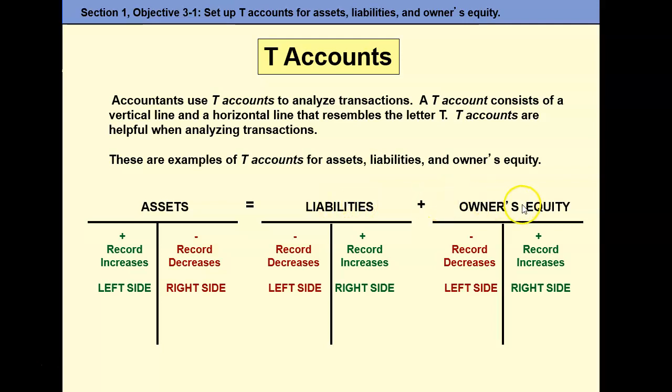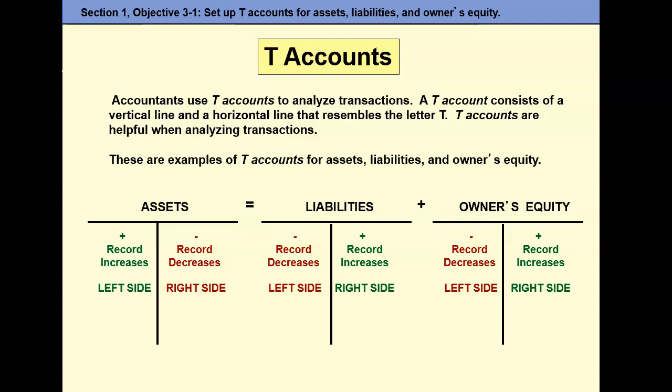Liabilities plus owner's equity are on the right-hand side of the equation. Liabilities and owner's equity both increase on the right-hand side or the credit side of the T account.